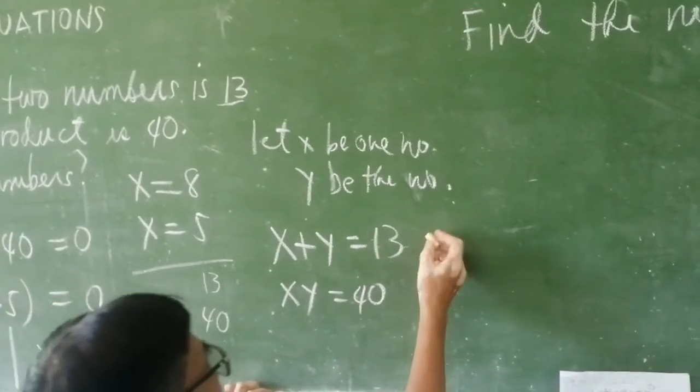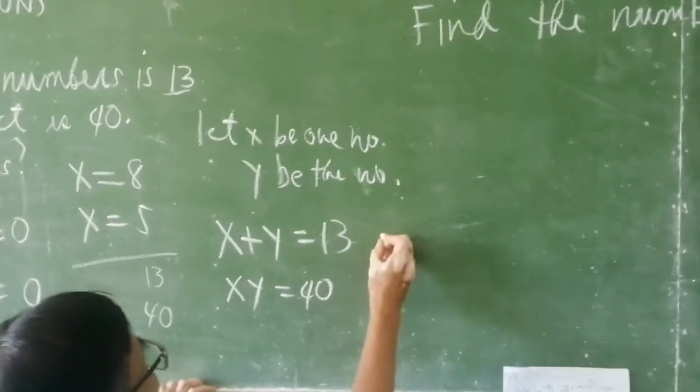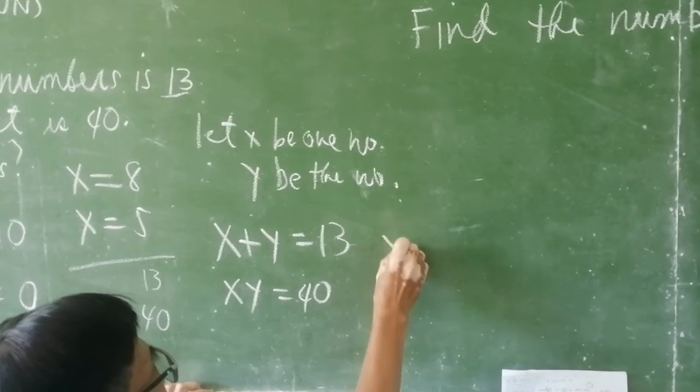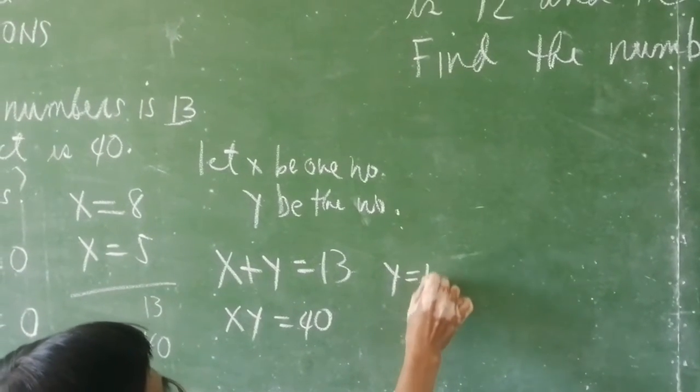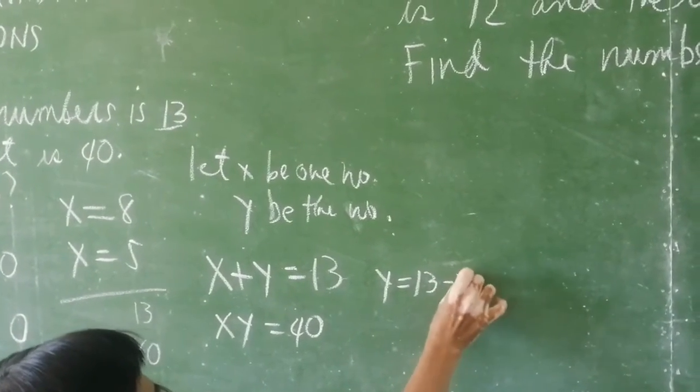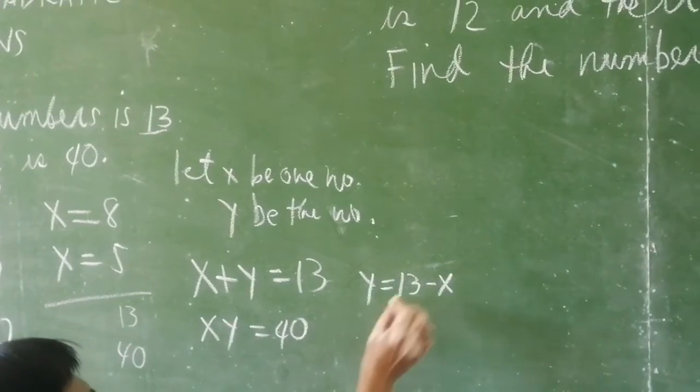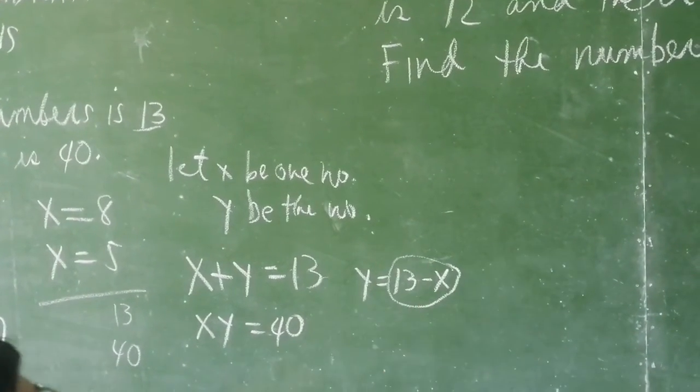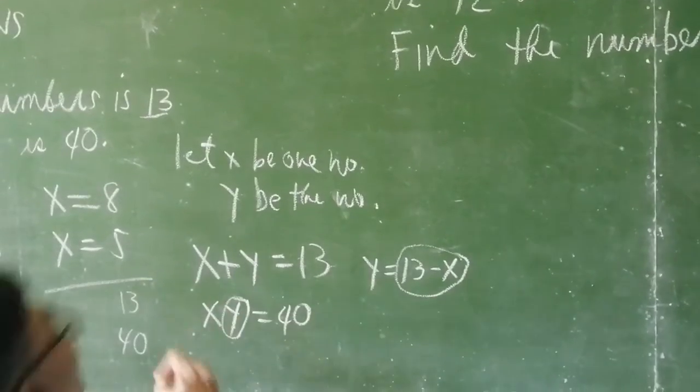So solving for one variable here, if we solve for y, y will be equal to 13 minus x. And we are going to substitute this in here.